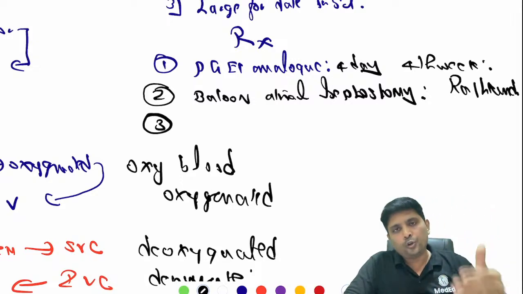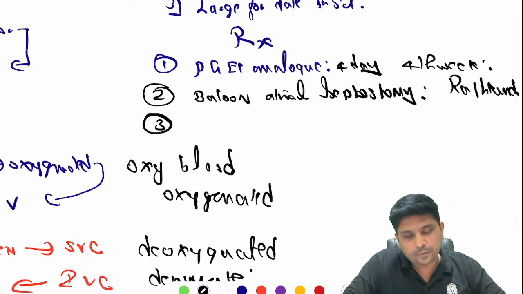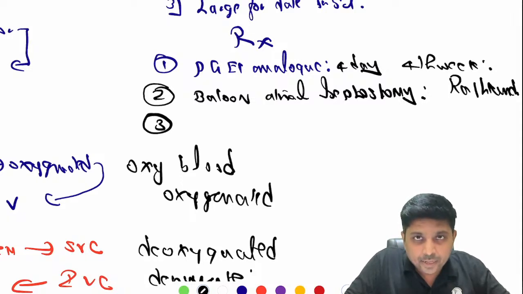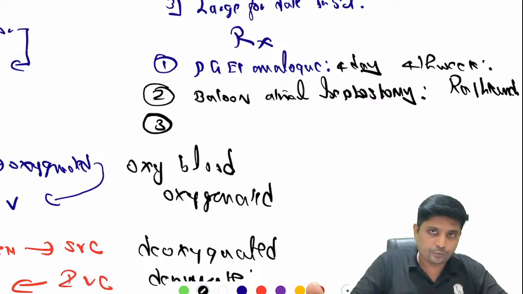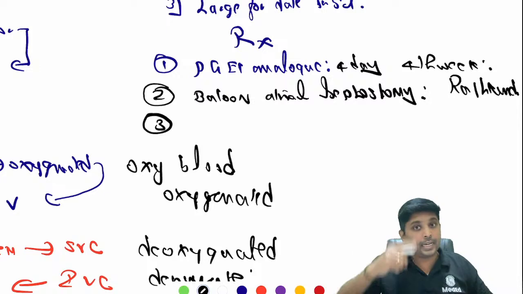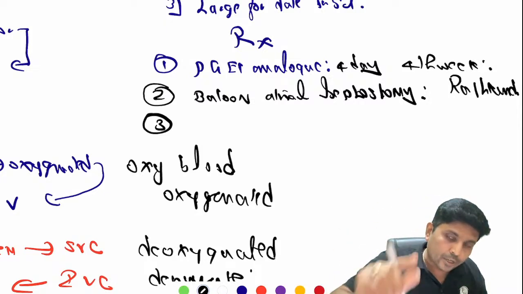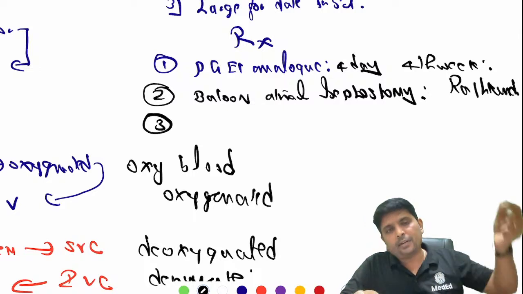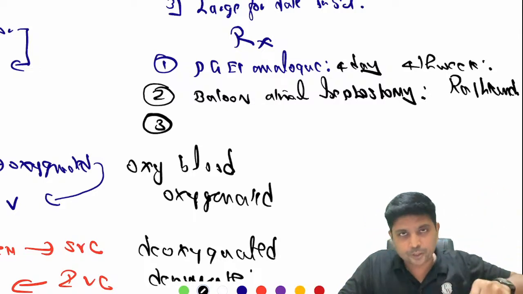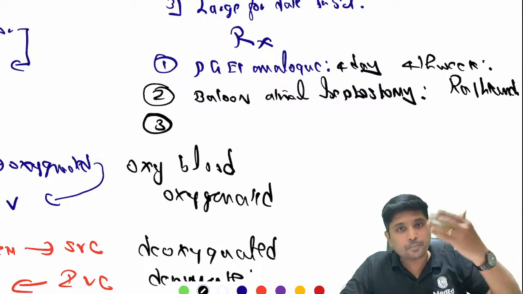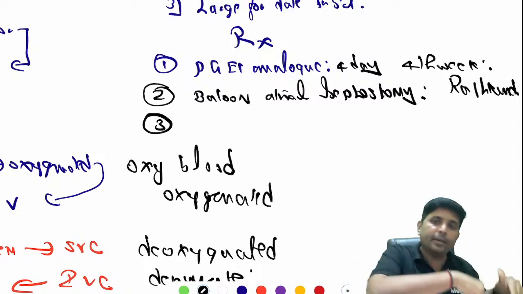But when you don't do corrective surgery, what will happen? The right ventricle will undergo hypertrophy and fail because it pushes against aorta. Right ventricle is meant for low pressure pulmonary circulation, whereas left ventricle, which is meant for high pressure, will push blood against the low pressure pulmonary artery, so it will become hypoplastic.